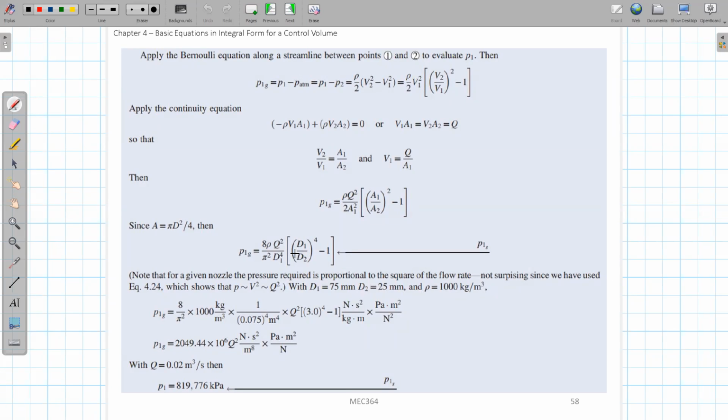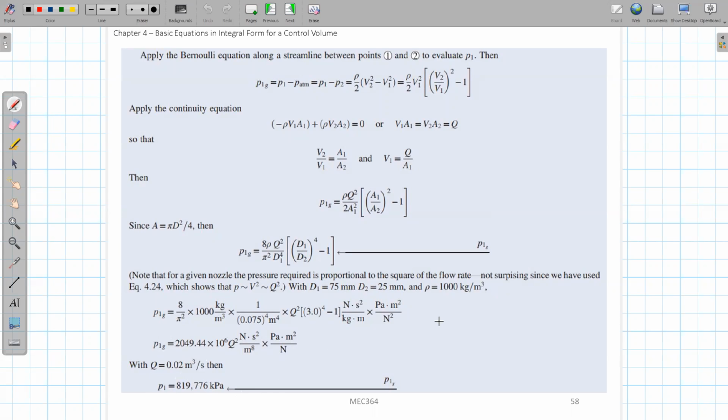So just substitute all the known values into this equation, and we can get this final result: the correlation of the gauge pressure as a function of the volume flow rate Q. With the target Q value of 0.02, we can calculate what the gauge pressure will be, and you add 1 atmospheric pressure to this gauge pressure, and you can get the absolute pressure at the inlet.